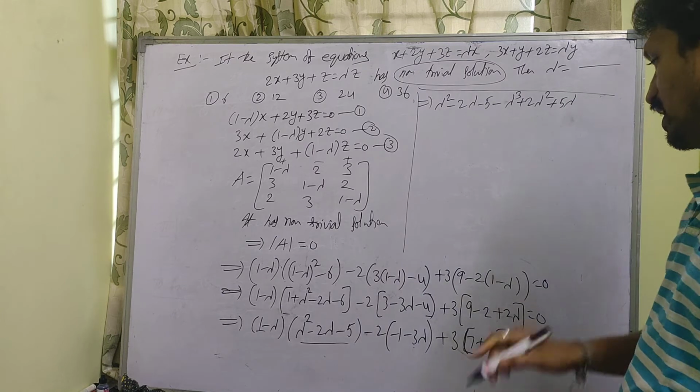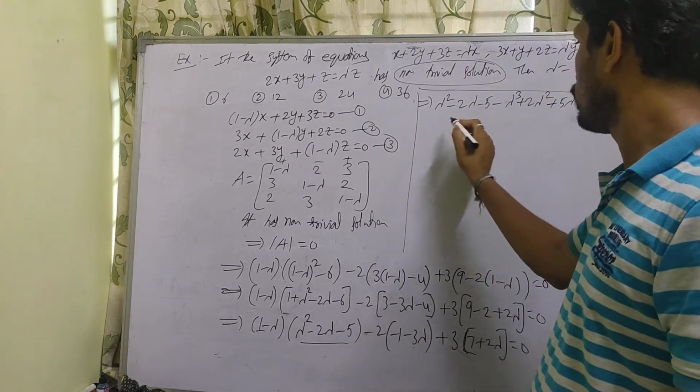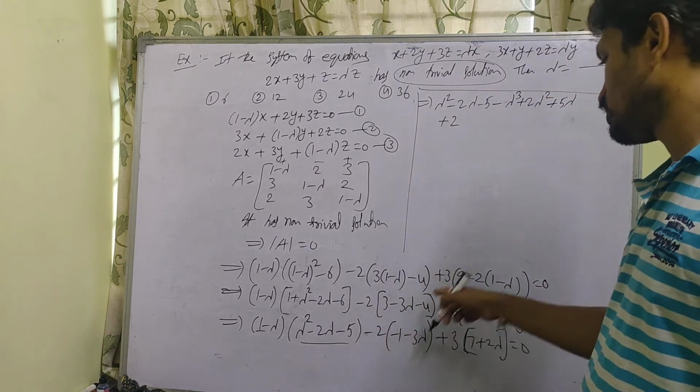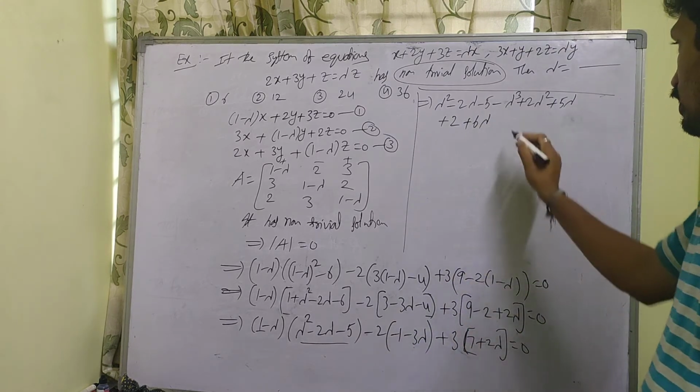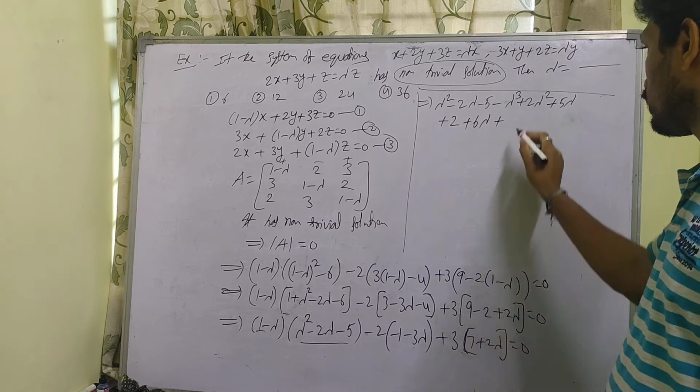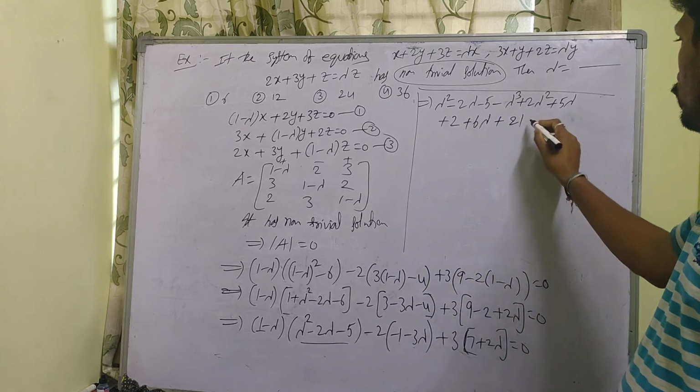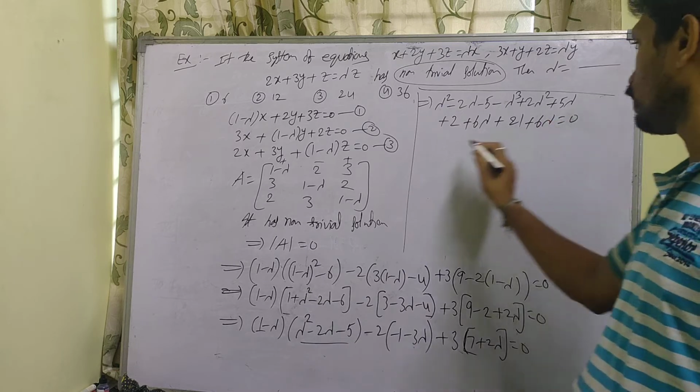Next this one, minus 2 into minus 1 plus 2, minus 2 into minus 3, that is plus 6 lambda. Next plus 3 into 3 sevens are 21 plus 3 twos are 6 lambda is equal to 0.